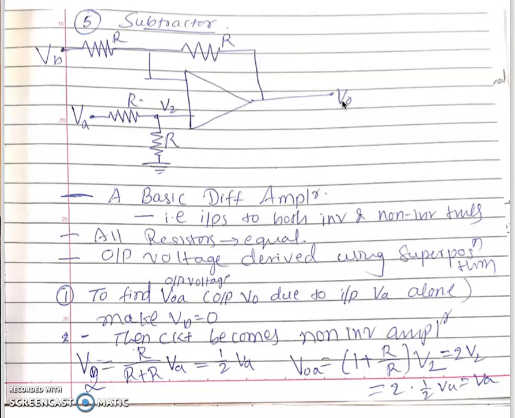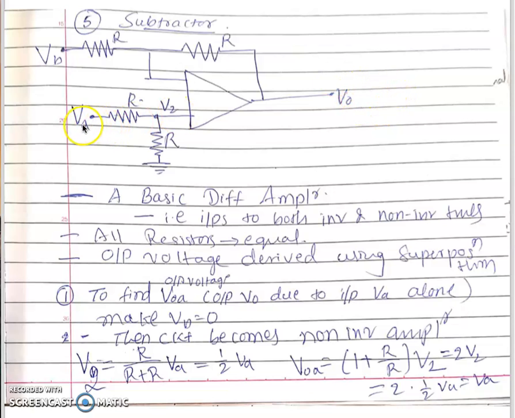If we want to find the output voltage when multiple input voltages are applied, then we apply the individual input voltage and set all other voltages to 0, or connect them to ground, and the output voltages due to the individual input voltages are summed together.